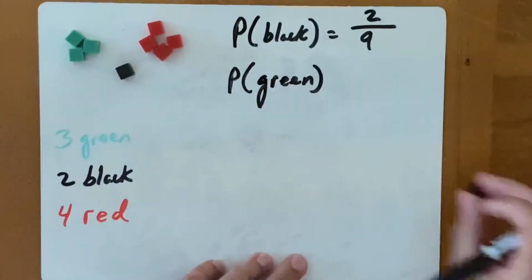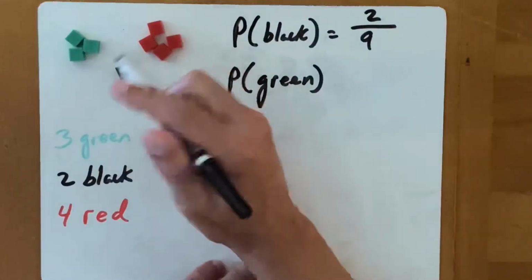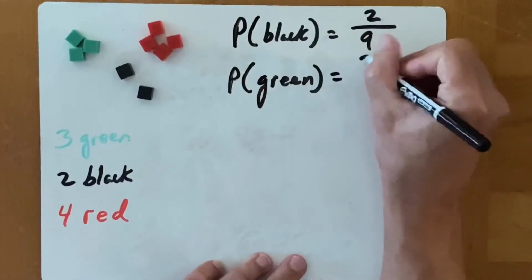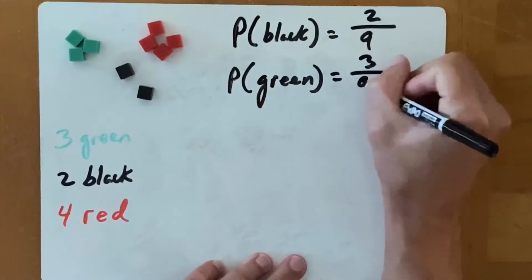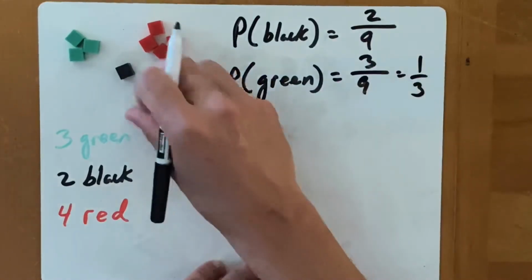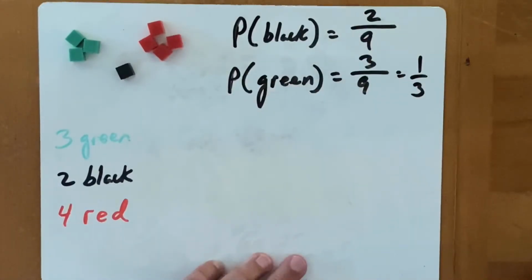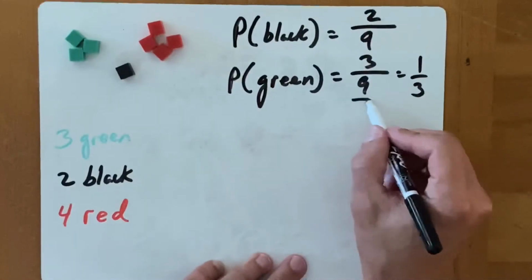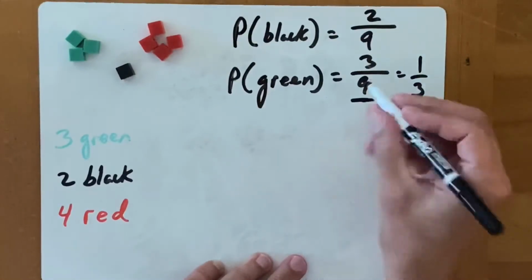Well, when the black one was in there, the favorable outcomes was 3 and the total was 9, so it should have been a probability of 1/3. But if I took that black one out first and did not put it back into the bag, now my sample space is going to change from 9 to 8.